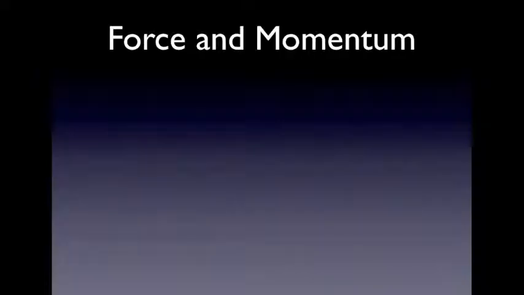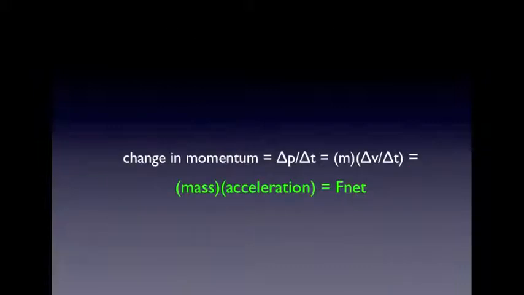Earlier we stated that the velocity would be used to evaluate the force. In order to accomplish this, we must first acknowledge the relationship between force and momentum. Momentum is a vector quantity that is evaluated by multiplying the velocity of an object by its mass. By observing the change in momentum in relation to the change in time, we can recreate Newton's second law of motion.